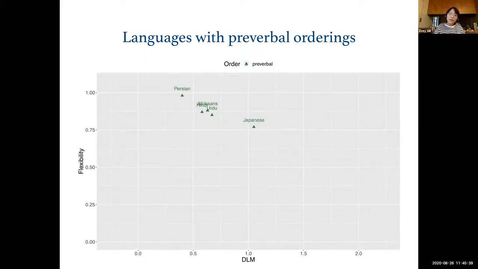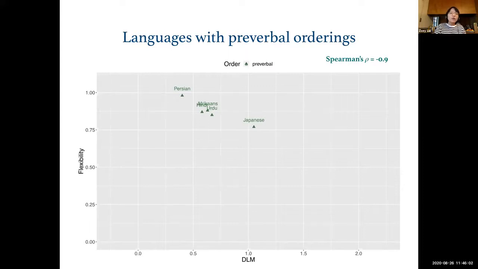And while admitting that, there seems to be a strong negative correlation between flexibility and dependency length minimization, indicating that in these languages, when the syntactic construction is more flexible, it tends to have a weaker preference for DLM.